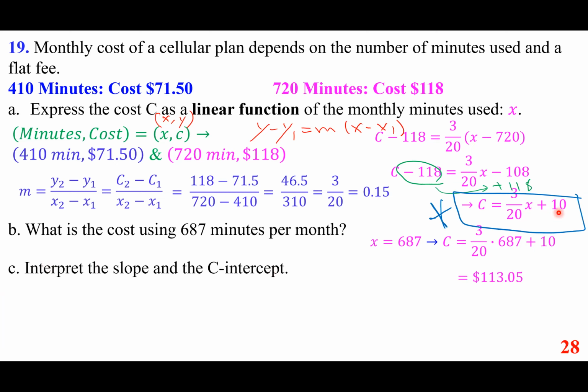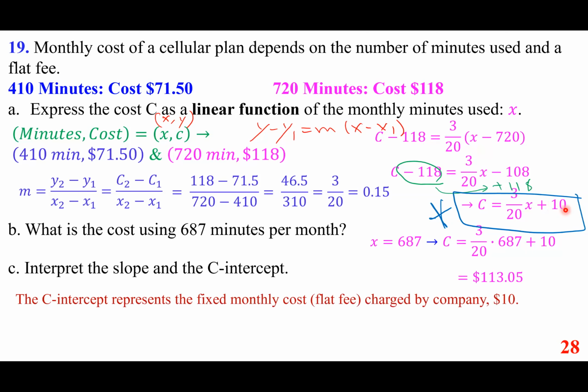This is the flat fee. The C-intercept represents this fixed monthly fee of $10. That is fixed, meaning no matter how many minutes, they're going to charge us this much. Now, as we add to the minutes, then we plug it in here and the cost becomes more and more.